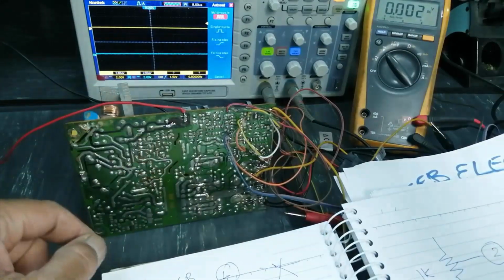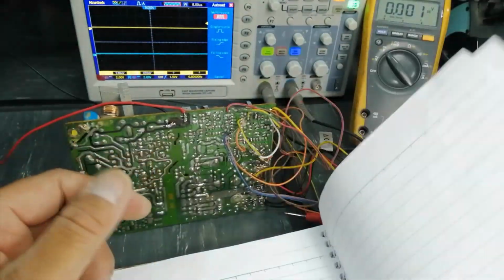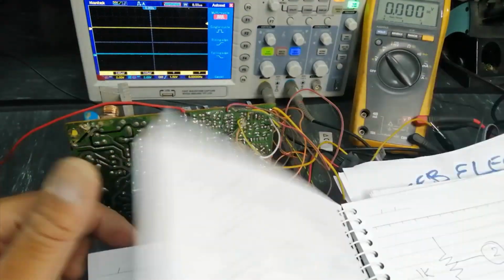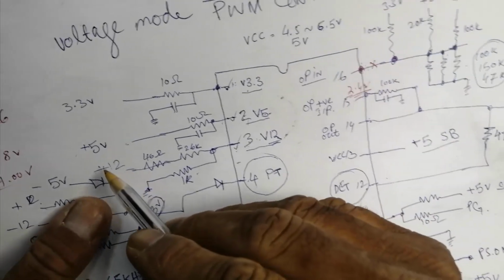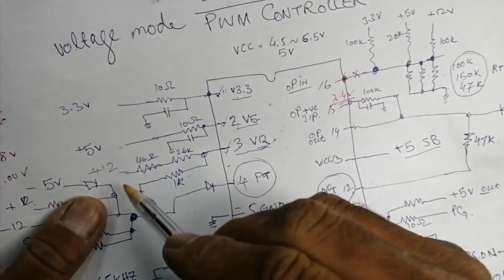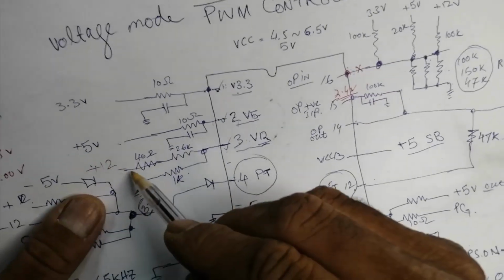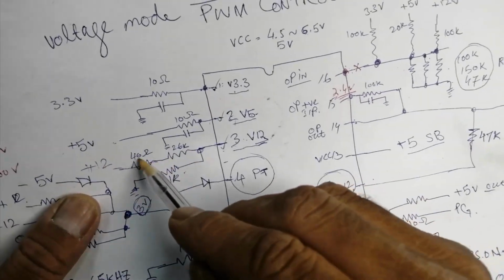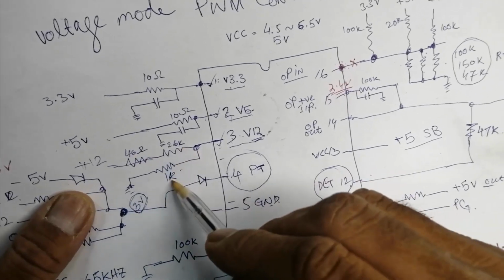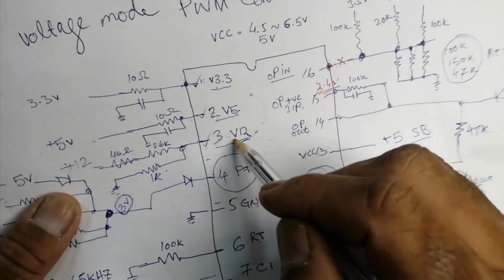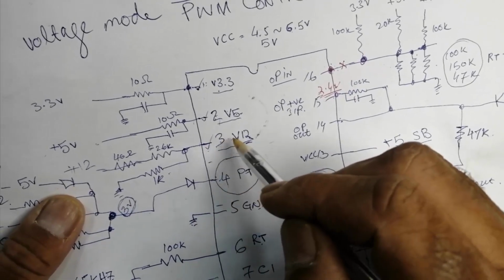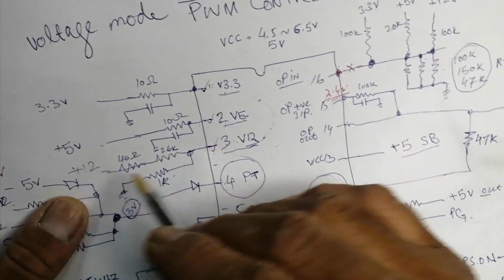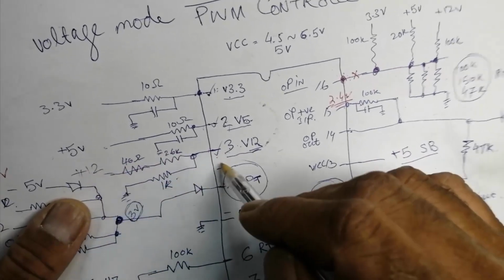We need 4 volt, so we apply 12 volt. Actually in the circuit there is 12 volt applied to a resistor network, 40 ohm, 2.6k and 1k. So it gives 4 volt at this pin number 3. This 4 volt will indicate that the 12 volt is present.